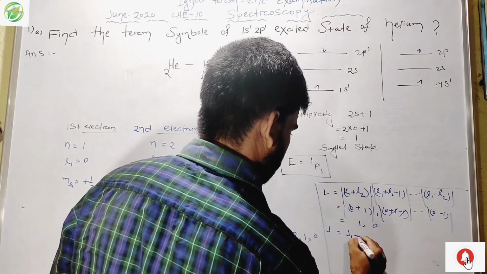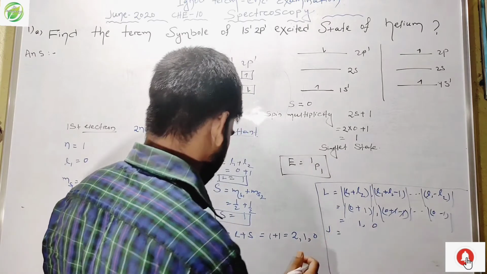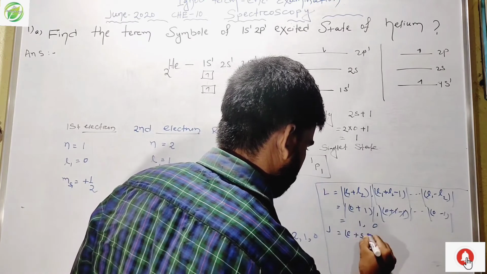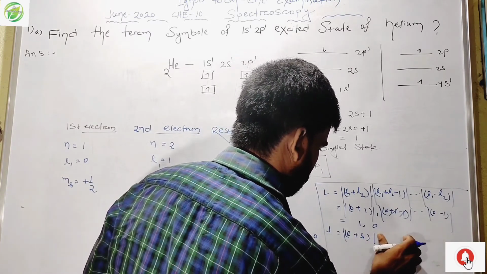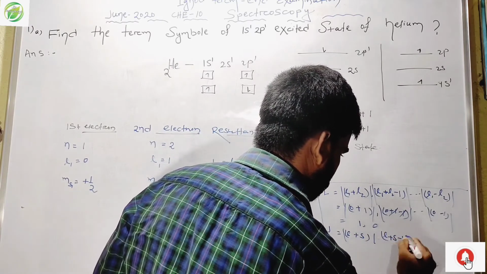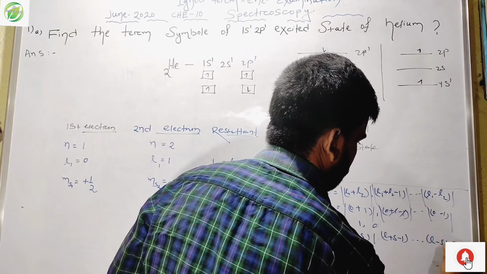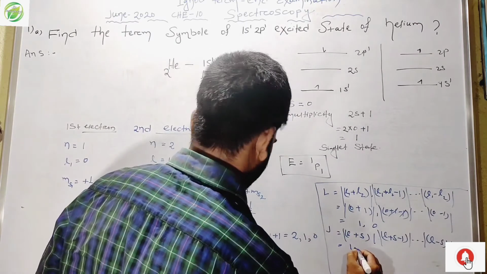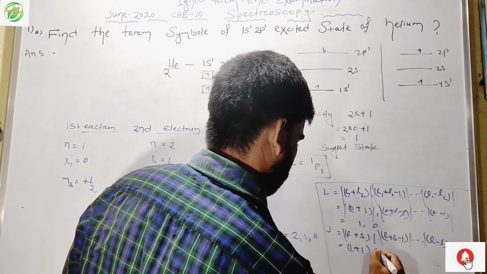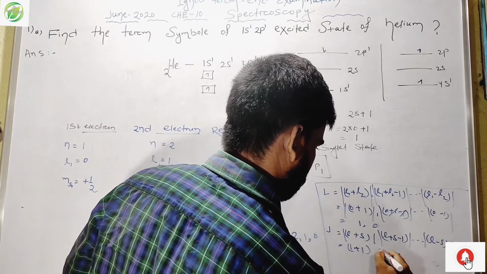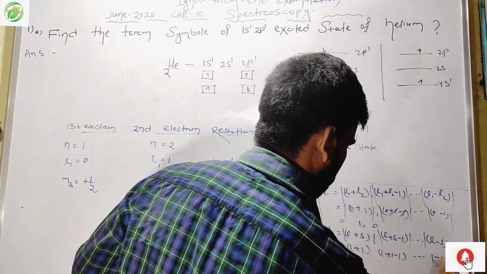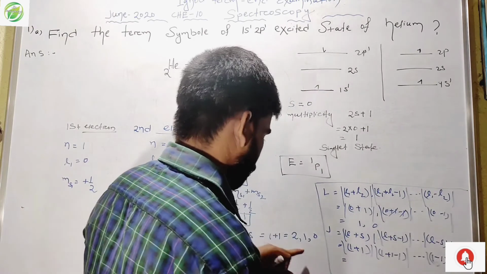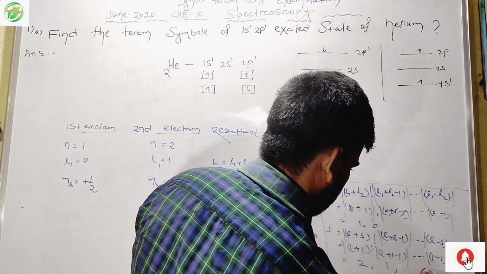J is equal to L plus S, L plus S minus 1, down to L minus S. Let's put the values: 1 plus 1, 1 plus 1 minus 1, 1 minus 1. The J value is 2, 1, 0.